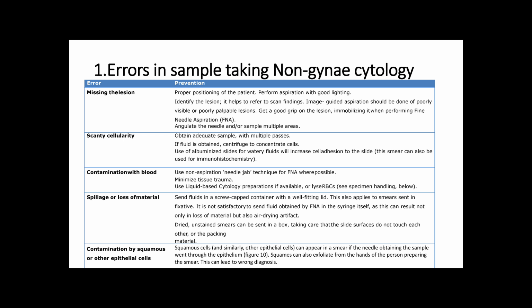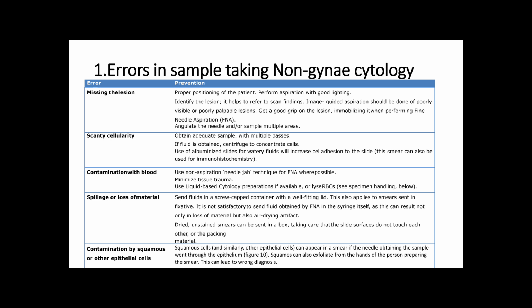It helps to refer to the scan findings. Image guided aspiration should be done for poorly visible or poorly palpable lesions. Get a good grab on the lesion, immobilizing it when performing fine needle aspiration. Angulate the needle and or sample multiple areas.